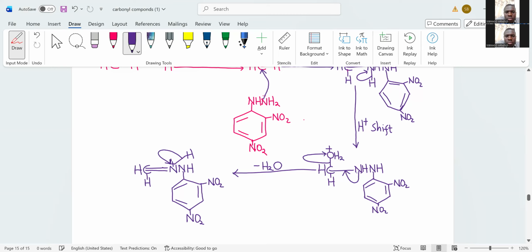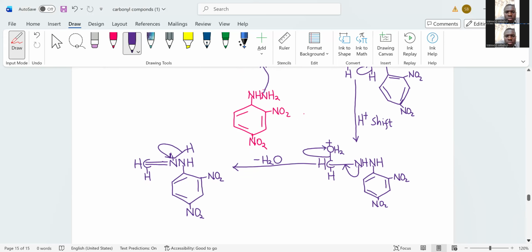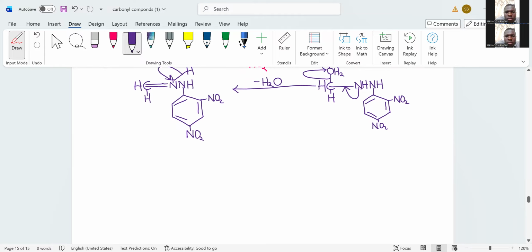That bond of hydrogen, like that. Then hydrogen is lost, minus hydrogen ion, as I form H. This is a double bond.